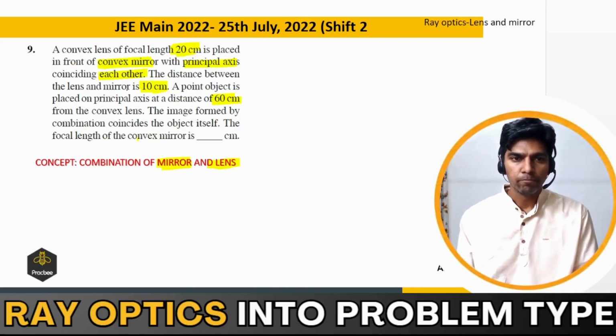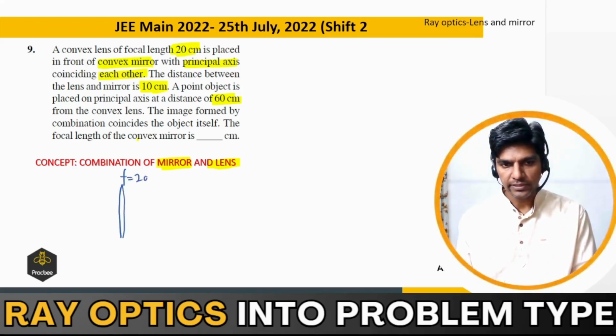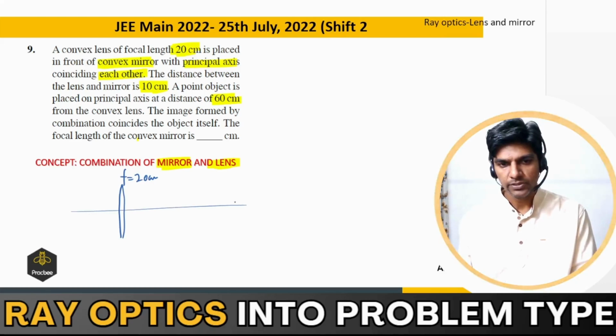Right, so let us see. So we have a convex lens of focal length 20 centimeter. This is the principal axis. And there is a convex mirror whose principal axis coincides with it, right? The distance between the lens and the mirror is 10 centimeters.